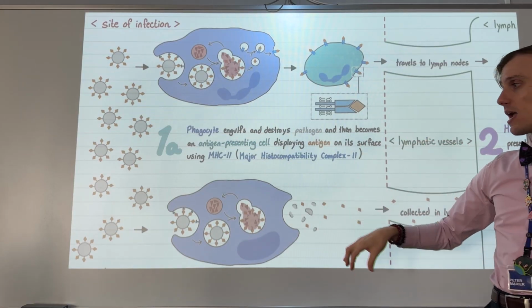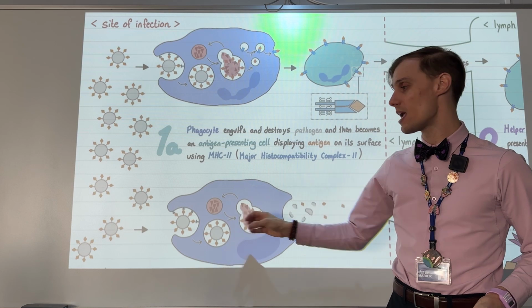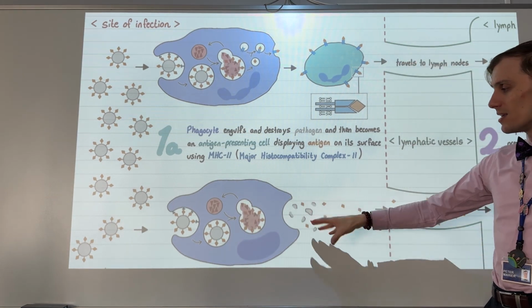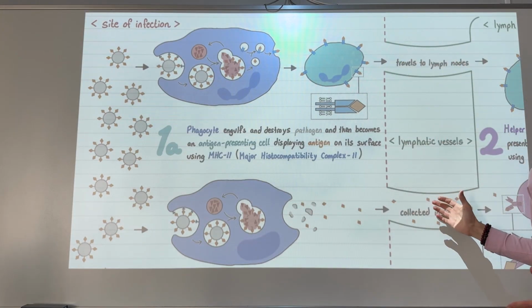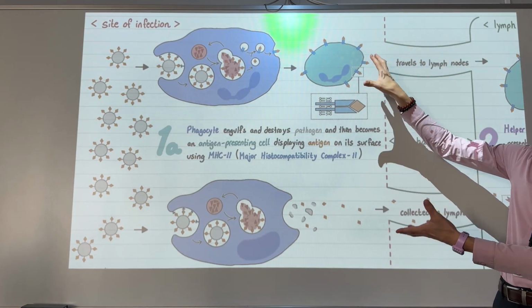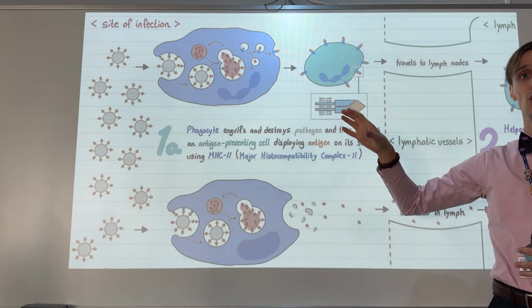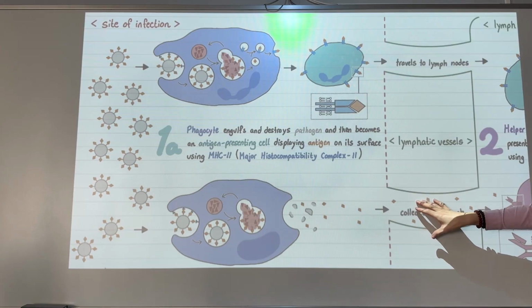At the same time, some of your phagocytes are actually going to destroy these pathogens and release these antigens through exocytosis. These antigens would also be collected by your lymphatic system and head towards lymph nodes. So at this stage, we have antigen-presenting cells presenting this antigen on their MHC2 receptors and free antigens entering the lymph nodes.